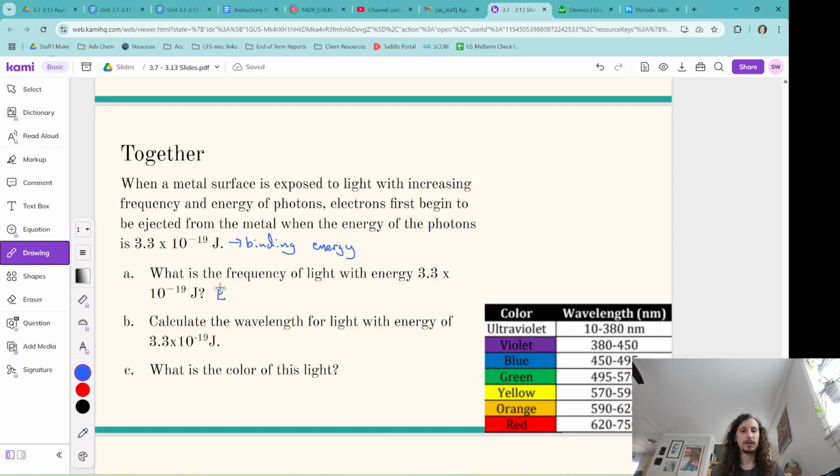Okay, well, I know energy equals h times frequency, nu. So if I rearrange that, I get the frequency equals energy divided by h. So that's going to be my energy, 3.3 times 10 to the negative 19 joules, divided by my Planck's constant, which is, again, on your equation sheet, 6.626 times 10 to the negative 34 joule seconds.